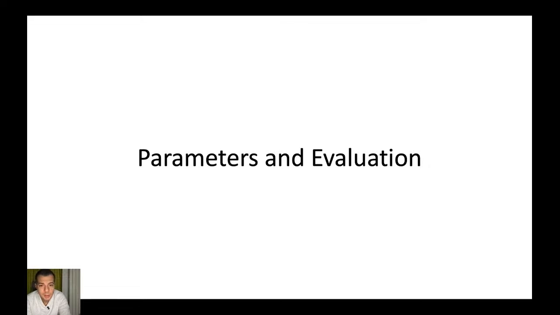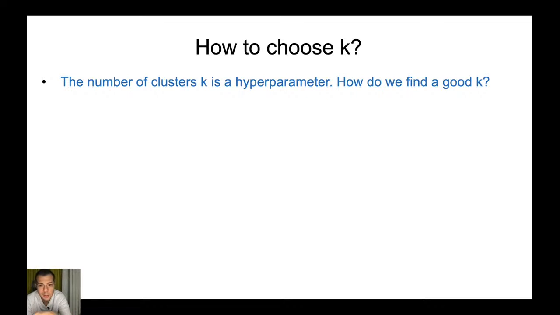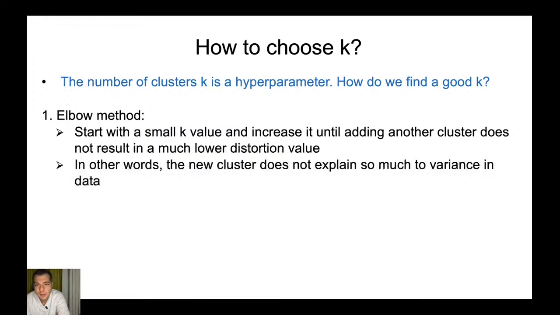Okay, so k-means has parameters that can be adjusted. So we have the number of clusters k. How do we choose the number of clusters? Well, there are 2 approaches here. We can use the elbow method.